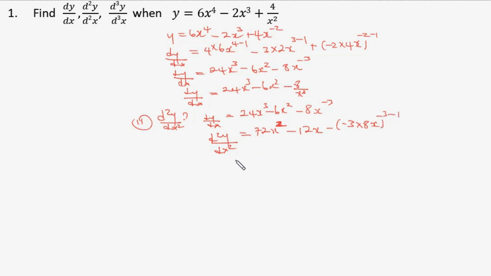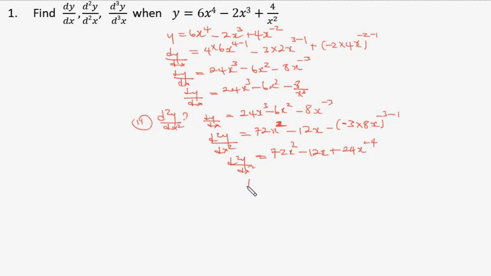We have d squared y over dx squared is equal to 72x squared minus 12x, and then minus times minus is plus, 3 times 8 is 24x raised to the power minus 4.